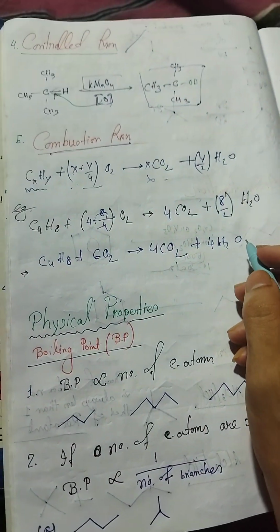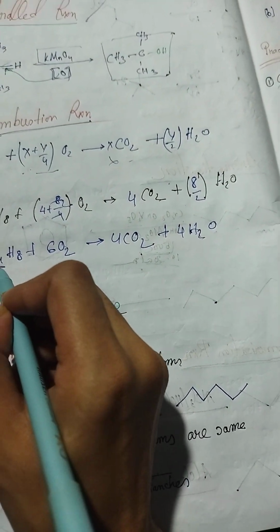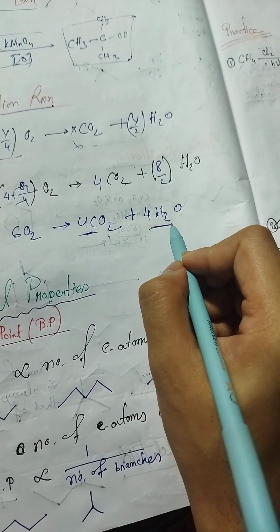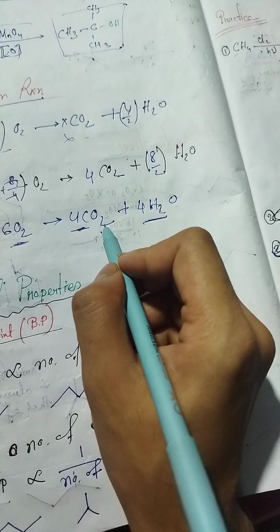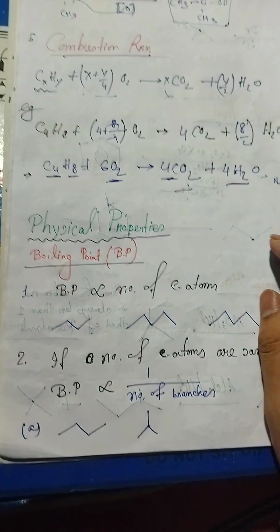Keep the equation in balance. 4 carbon, 4 carbon, 8 hydrogen, 8 hydrogen, 12 oxygen, 4 plus 8 is 12. Now talk about physical properties.